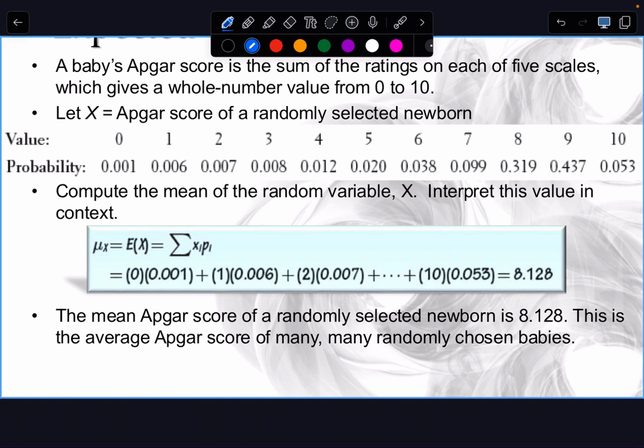And then with that mean, we also want to interpret it. What does that mean in context? So in context, it says this is the average APGAR score for many randomly chosen babies. So this is the average value we get if we were to select many babies and measure their score.